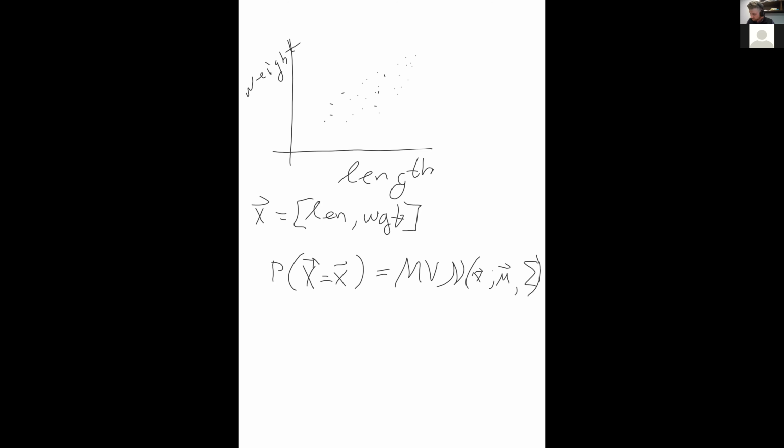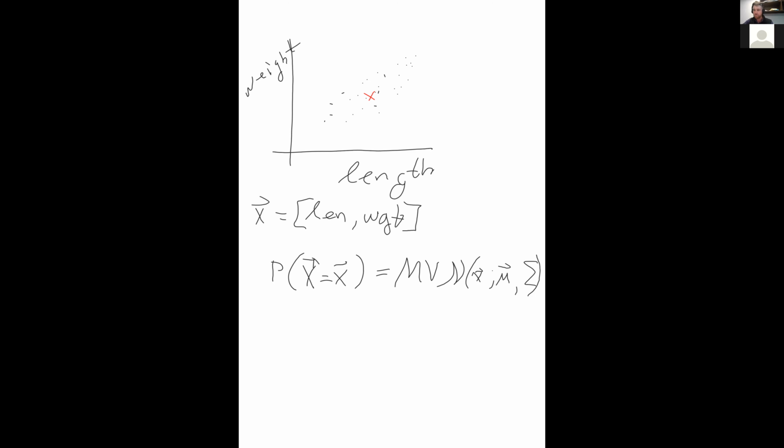And so the mean is still pretty intuitive for this multivariate normal. It's still going to be just the middle of the data set. Now since it's a vector, you can not just move it right or left, but you can also move it up or down, because instead of 1D data, now we've got this 2D data set.